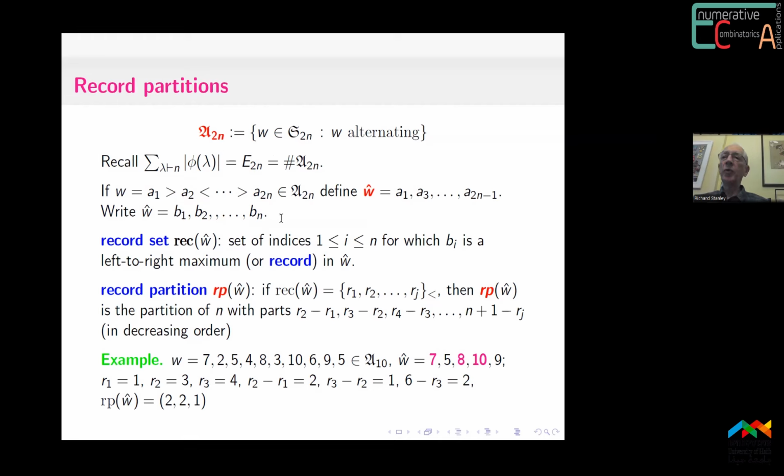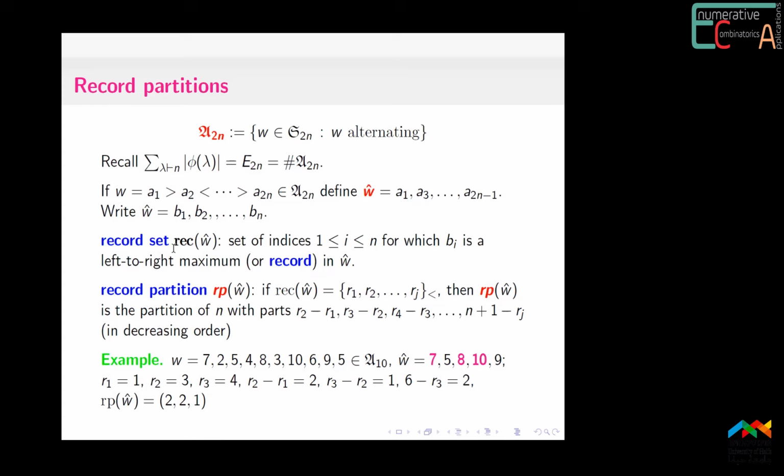So if we have an alternating permutation in A_2n, we'll define W hat to be the subsequence consisting of the odd indexed terms, so a_1, a_3, up to a_{2n-1}. For convenience, instead of writing a_{2i-1}, I'll just call it b_i. b_i is the ith term of W hat.